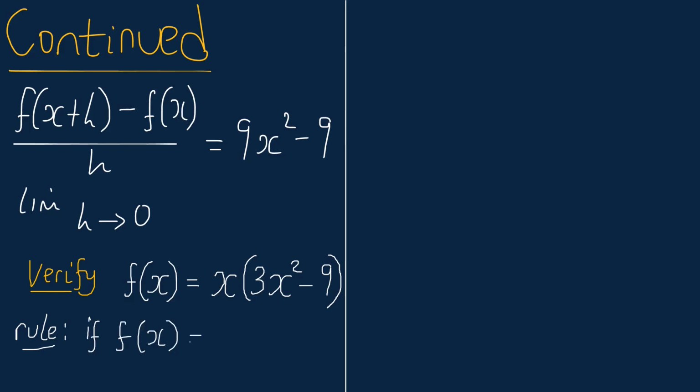The basic differentiation rule also shows that f prime of x is equal to 9x squared minus 9. Hence, both methods yielded a consistent result.